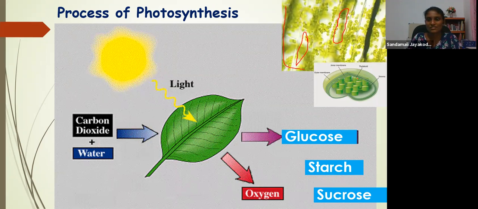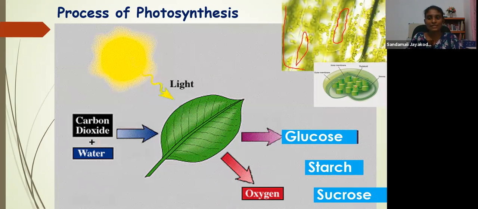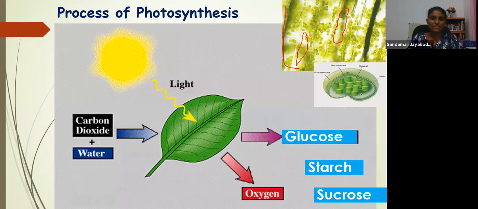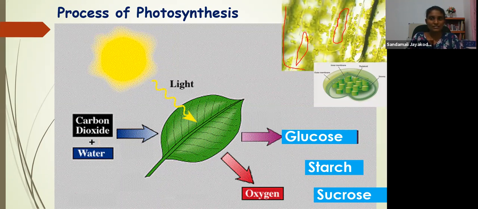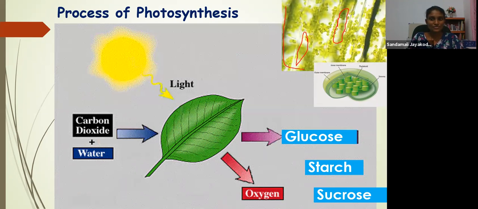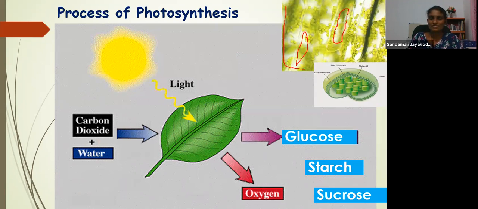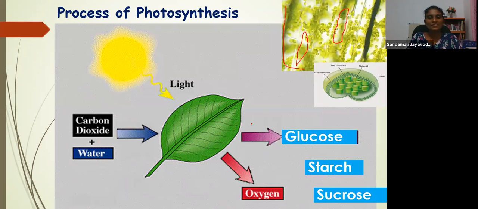So this is the structure of chloroplast, which contain plate-like structures with green color pigment named as chlorophyll. So that is about the structure of the chloroplast and the position of the chloroplast. So that's just for your knowledge. And then here we are going to talk about this main product, which is glucose.